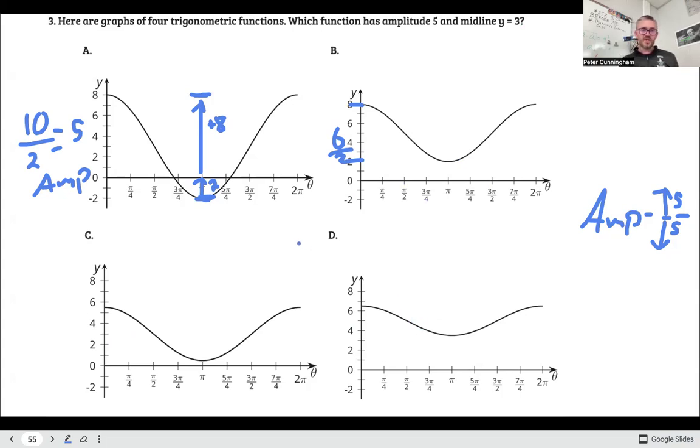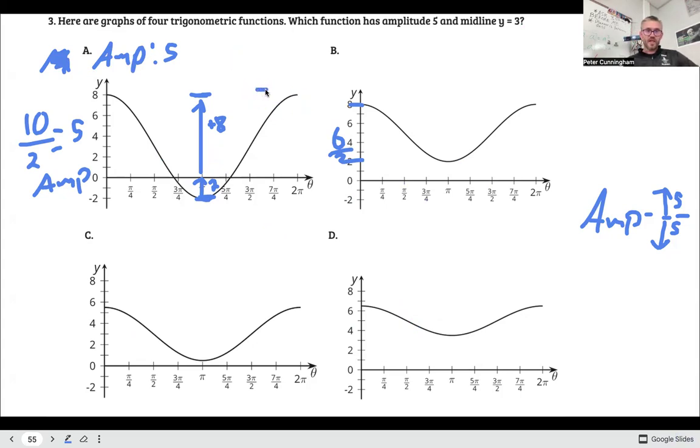So basically what we're saying is, take the space from the top to the bottom and cut it in half. And then you take that amplitude to figure out the midline. So the amplitude here is 5, and it's the only one with an amplitude of 5, so essentially we can move on. But why is the midline 3?